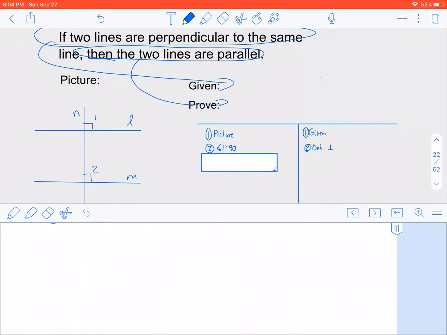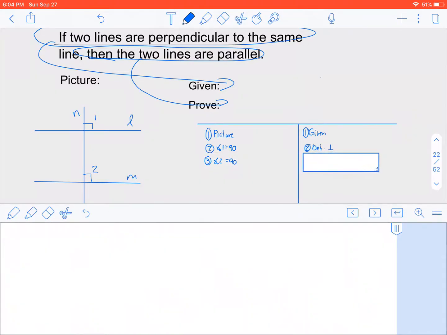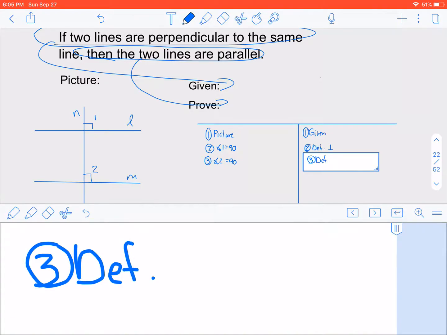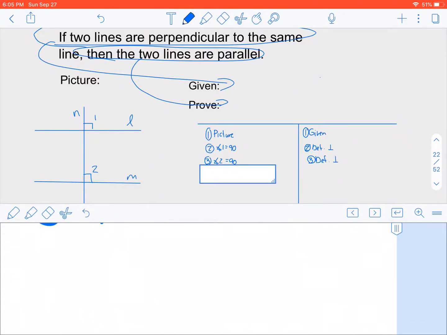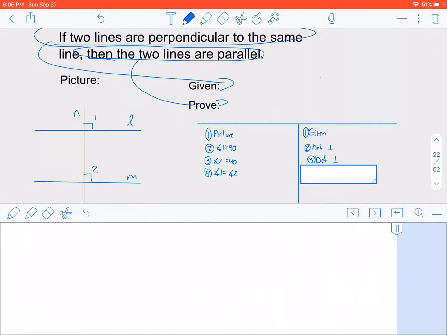And 3, angle 2 is also 90, again by definition of perpendicular. So 4, well, if angle 1 equals 90, angle 2 equals 90, guess what we know about angle 1 and 2. Angle 1 equals angle 2 by the transitive property.